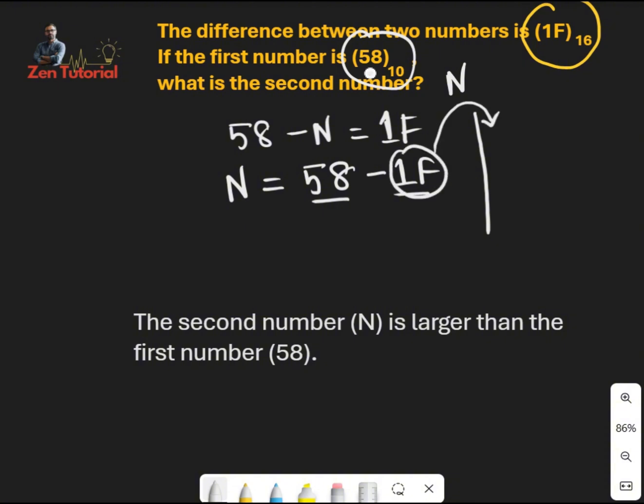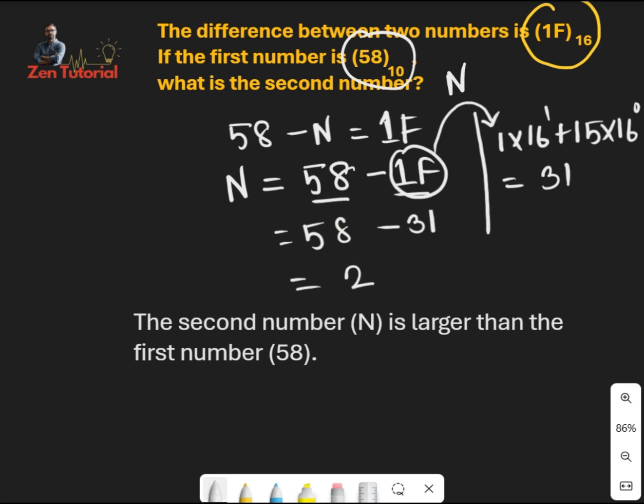So 1F, 1 times 16 plus F represents 15 times 16 to the 0 and 1. So the value will be 31. So it should be minus 31, and this is as usual 58. So the result will be 27, right? But this is in decimal.